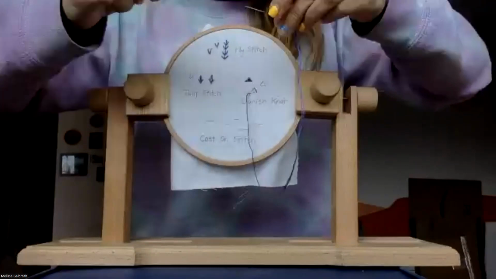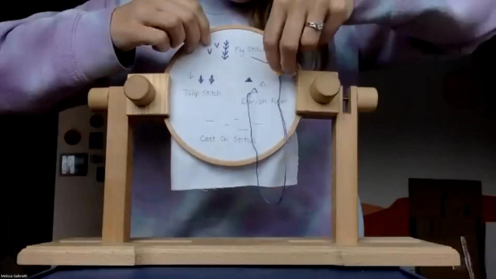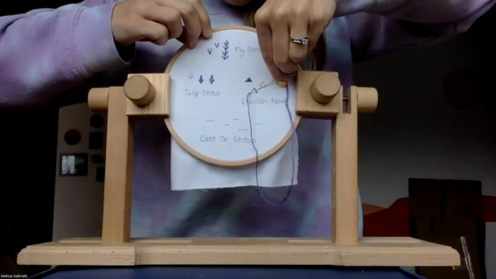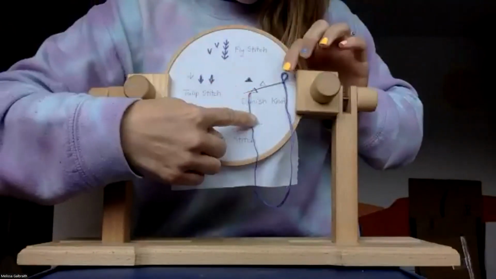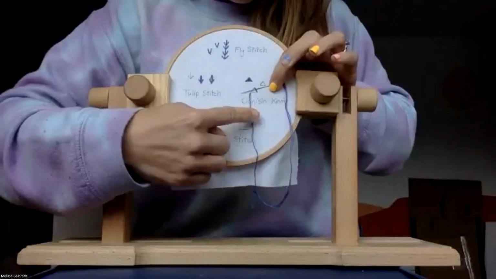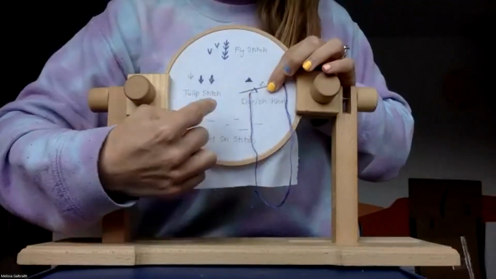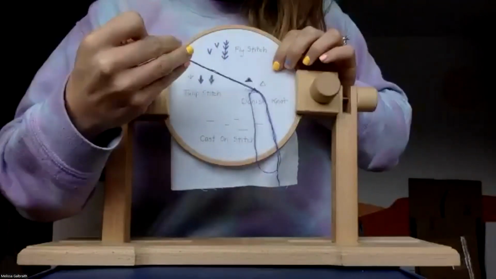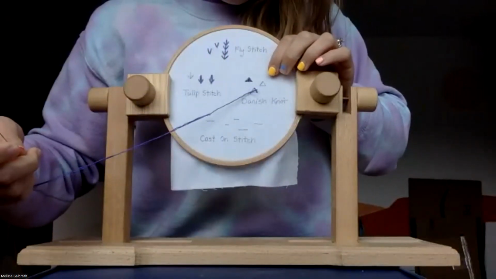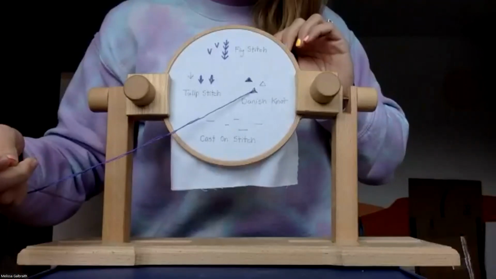And now we're going to slide our needle underneath that straight stitch towards our thread that's coming out of the fabric. And we want to make sure this time our needle is above that thread. We're going to gently tug so that thread is nice and flush with the fabric.